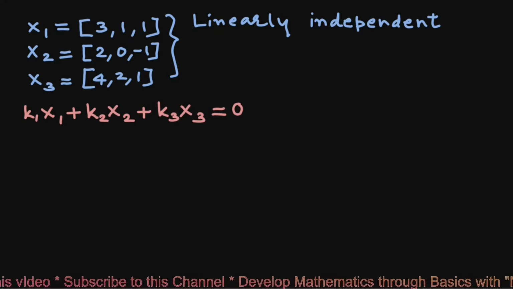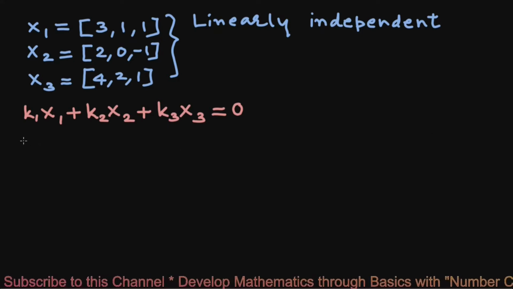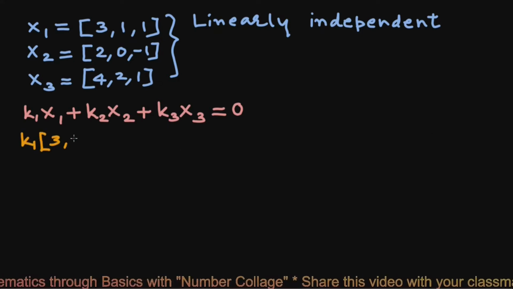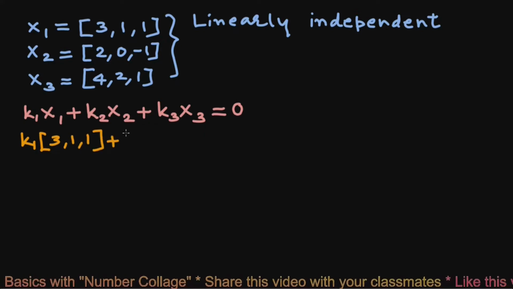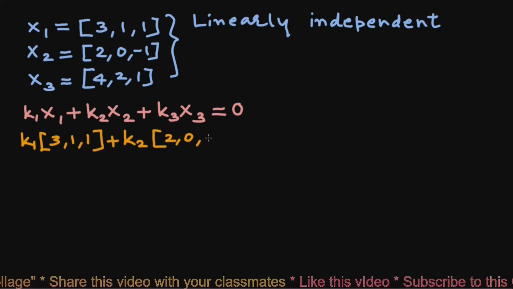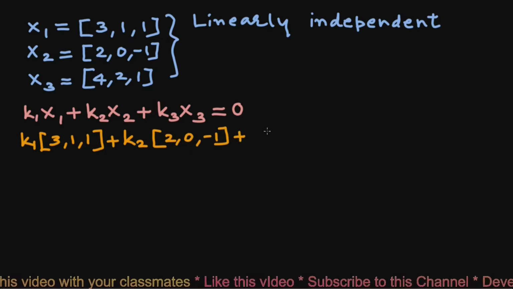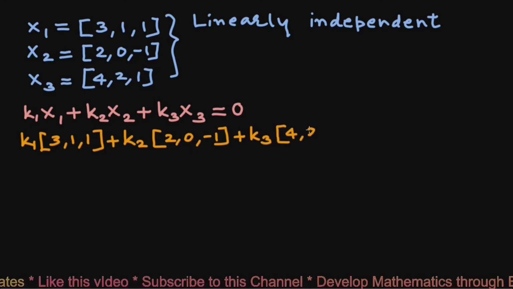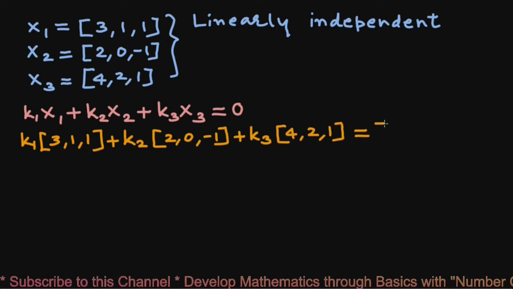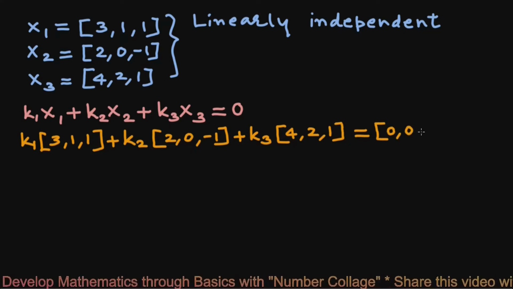Substituting the values of x1, x2, x3, we write k1 into vector (3, 1, 1) plus k2 into vector (2, 0, minus 1) plus k3 into vector (4, 2, 1) equals a zero vector (0, 0, 0).